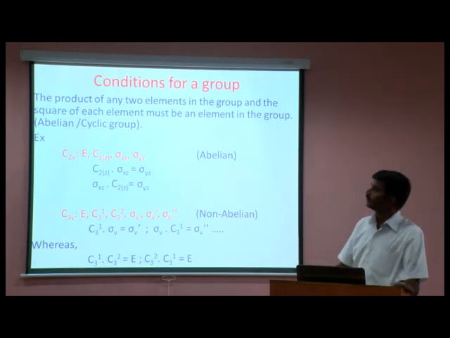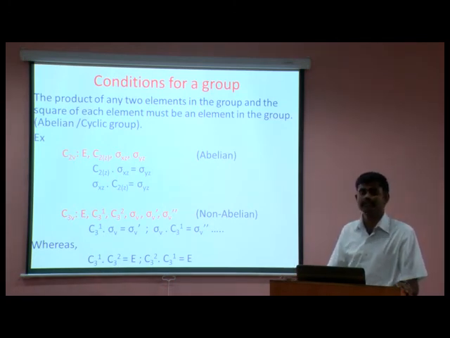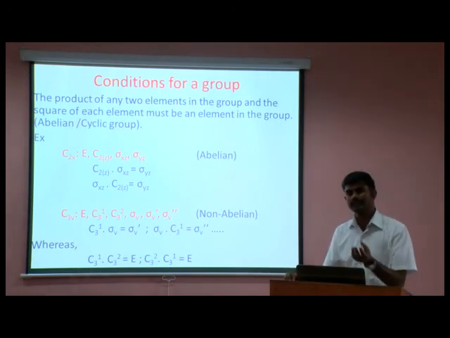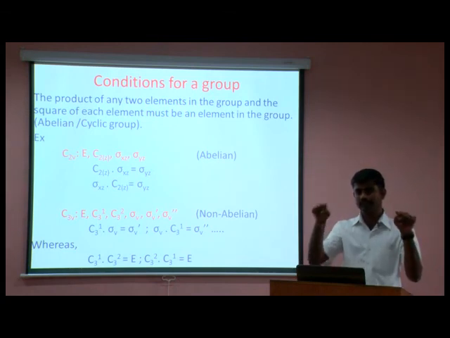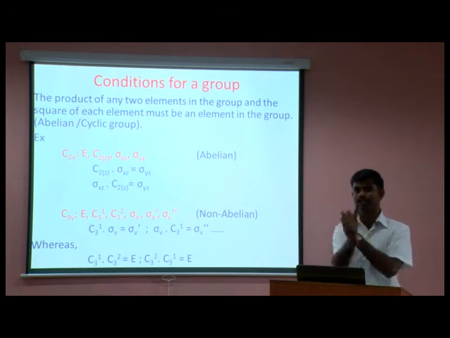So here, consider C2Z multiplied with sigma XZ. We know that C2Z is the rotational operation performed with respect to the Z axis. It is said to be C2, where the molecule is rotated by 180 degrees, and the reflection plane is sigma XZ. Suppose you consider a water molecule, with oxygen and a hydrogen on each side. You perform the C2 operation, so it is rotated like this.